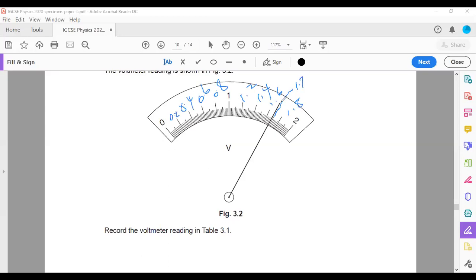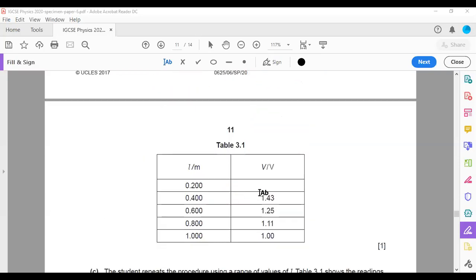So if here is 1.6, then this stroke here is going to be 1.7. So the strokes before will be 1.6, 1.62, 1.64, 1.66, 1.68. So the answer should be 1.68 for this part of the table.